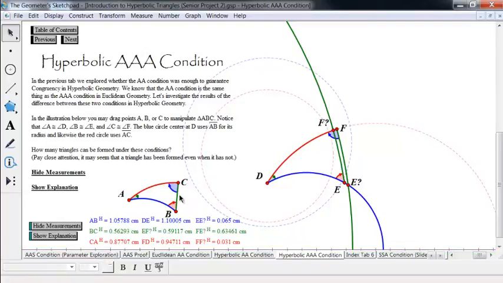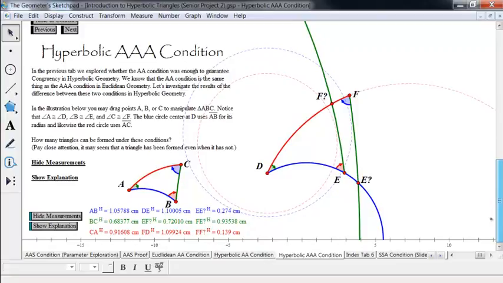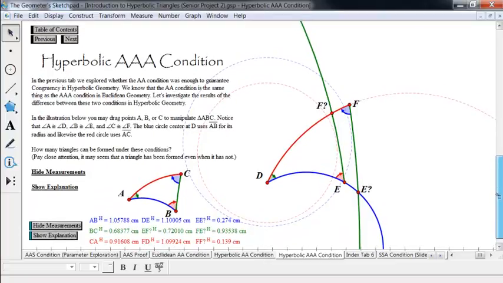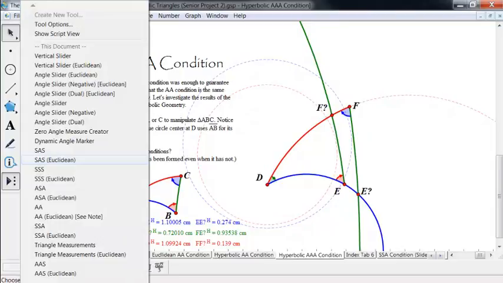Okay, so here we have this, and we've fixed the measure of this angle here, and let me measure some angles as well. Has he already got those measured and showing up? I don't see them showing up anywhere. Okay, so let me go ahead and show some angle measures.